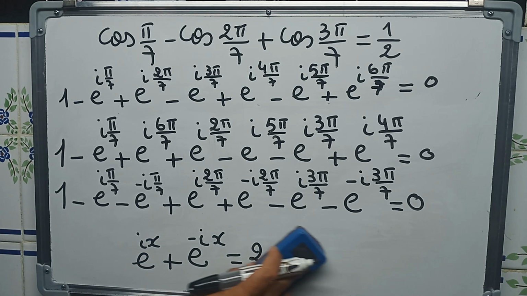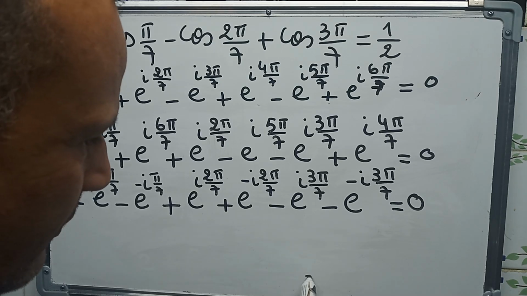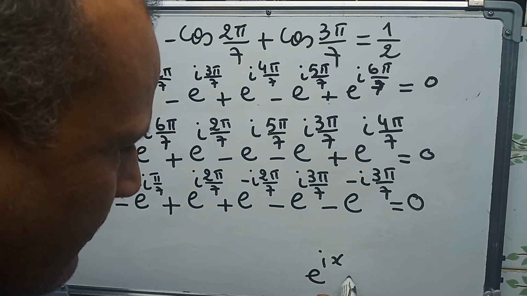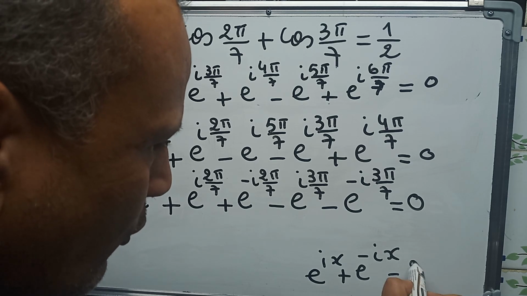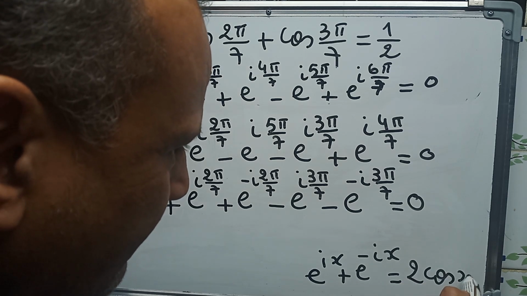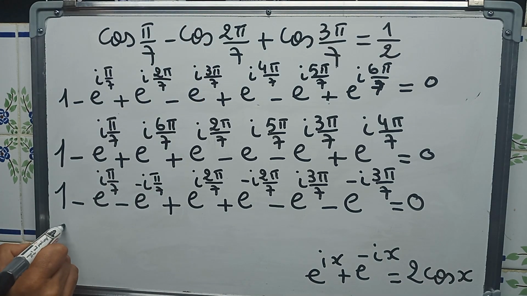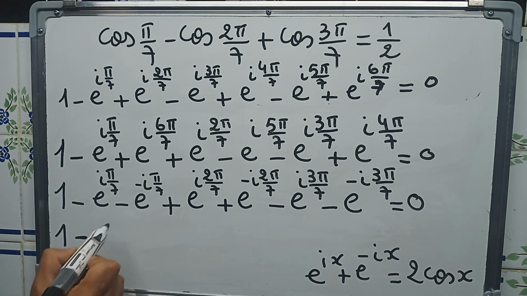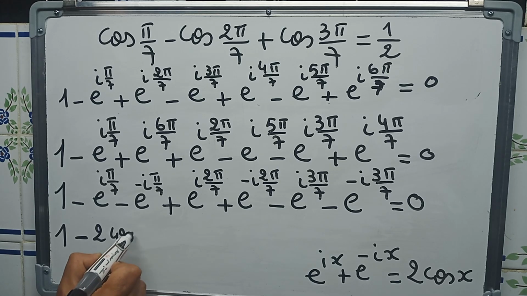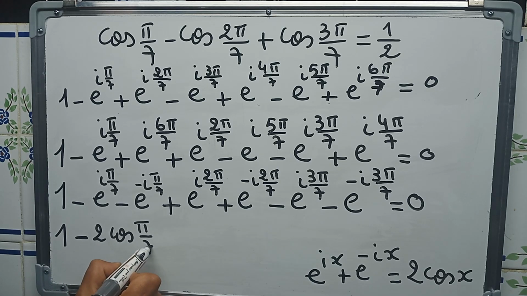So here minus is the common factor, and we use this, it's 2 cosine pi over 7.